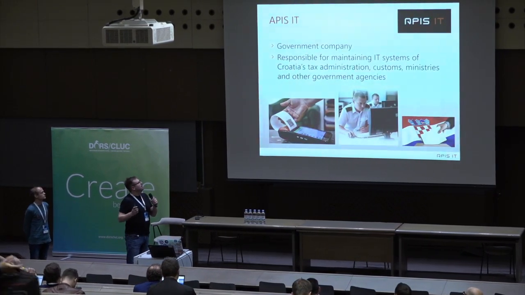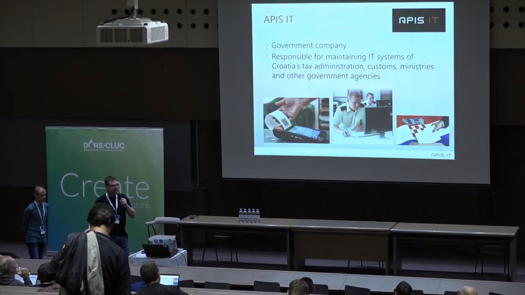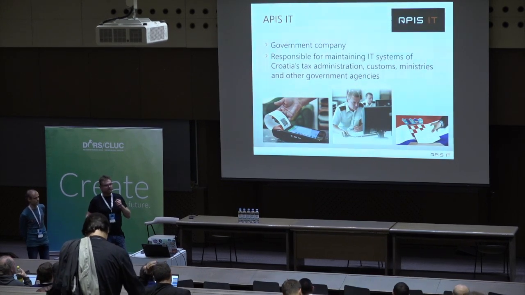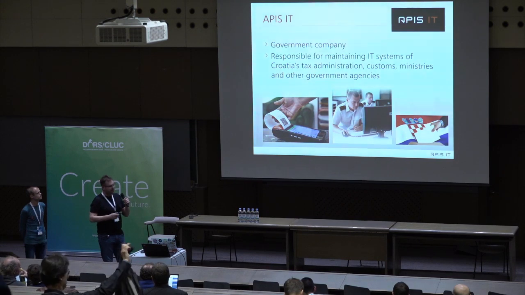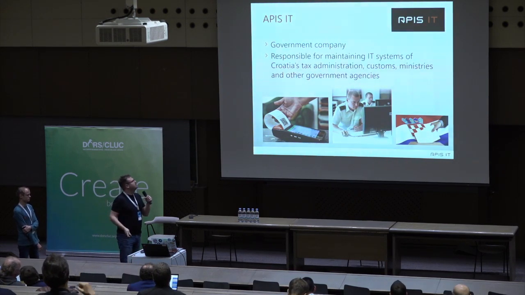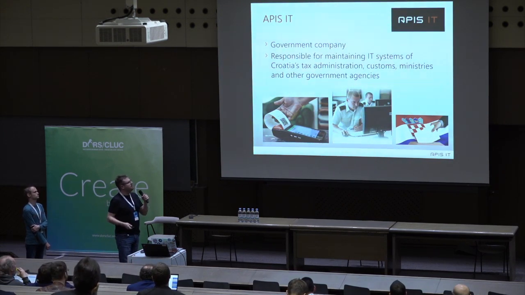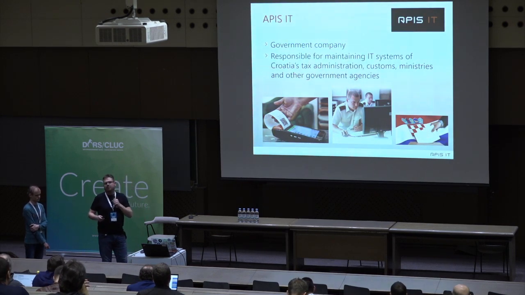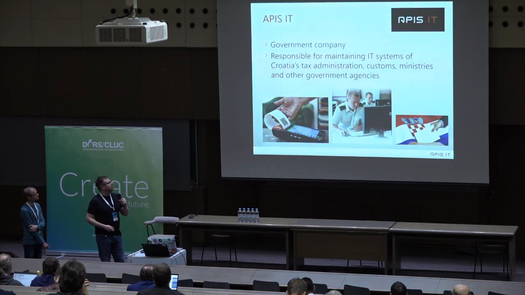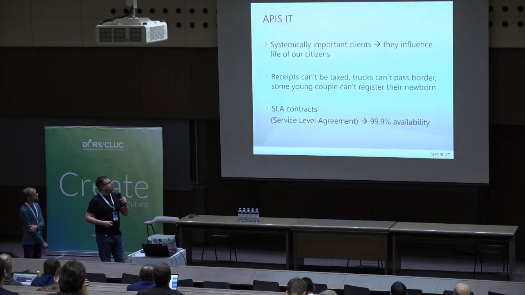So we are both working for the Apis IT, which is a mostly government-owned company, and they are responsible for maintaining IT systems of Croatian tax administration, customs ministries, and other government agencies like geo-services. So we have responsibility to the people.